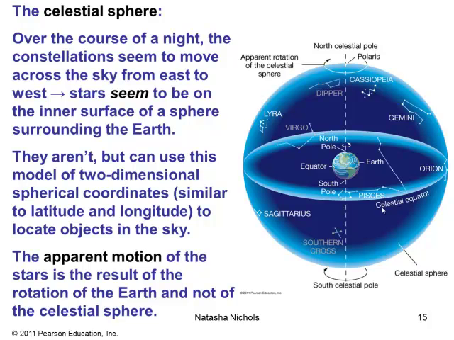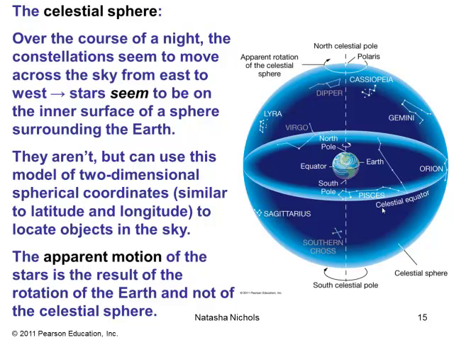Now, stars seem to be projected lying on this inner surface of the celestial sphere that surrounds the Earth. Of course, they aren't, but we're using this model of two-dimensional coordinates to help us locate objects in the sky.